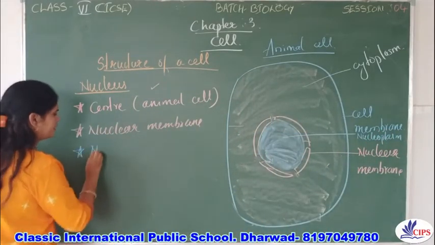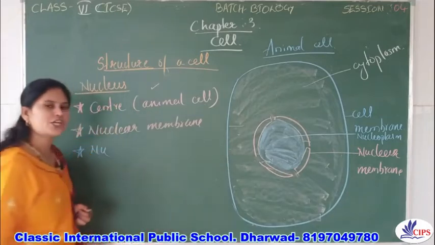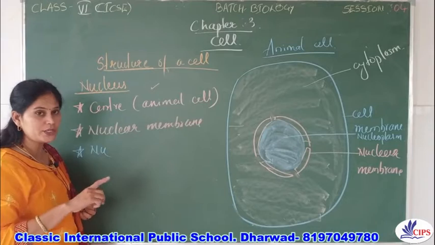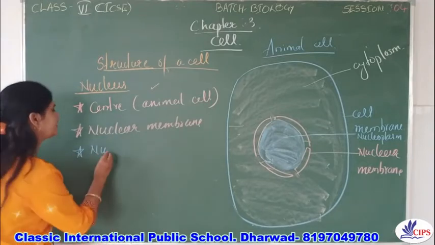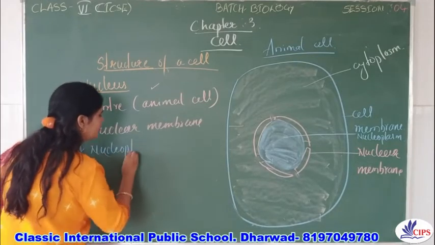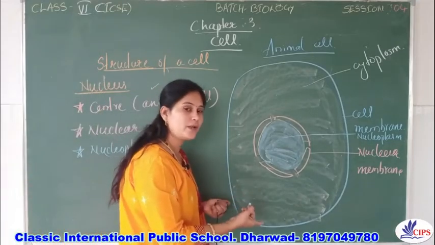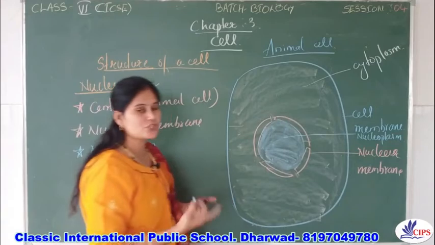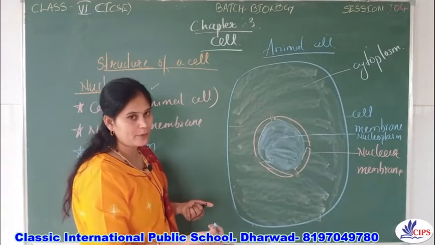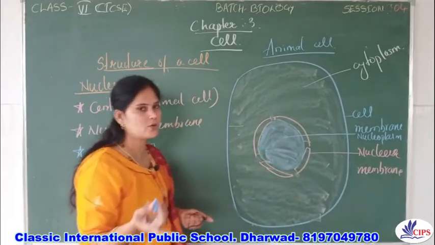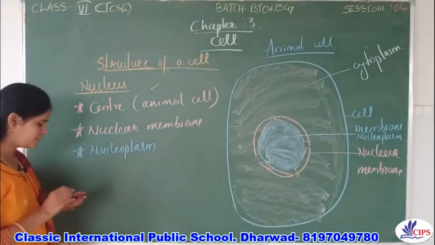See here, same: inside the cell, the jelly-like substance is cytoplasm; inside the nucleus, nucleoplasm. It is very easy to remember, right? The jelly-like substance present in the cell is cytoplasm. The jelly-like substance present inside the nucleus is called nucleoplasm.